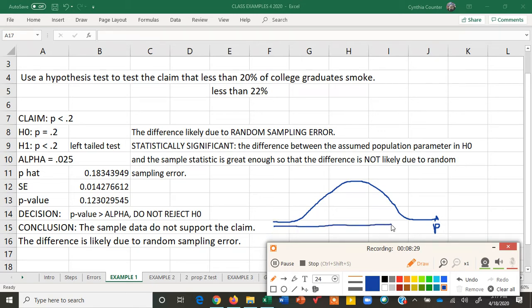It's normally distributed with the mean equal to the assumed population proportion from the null hypothesis, and that here is our 0.2, right? So this is our assumption from the null hypothesis.